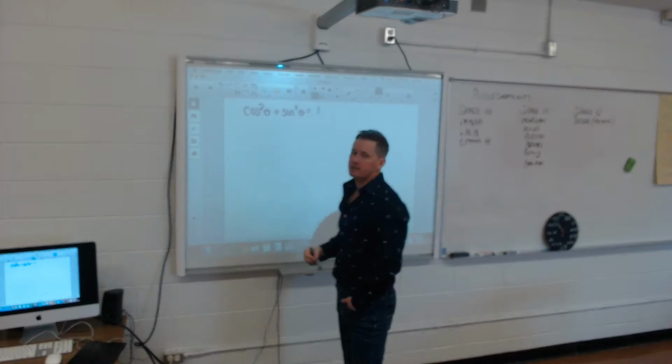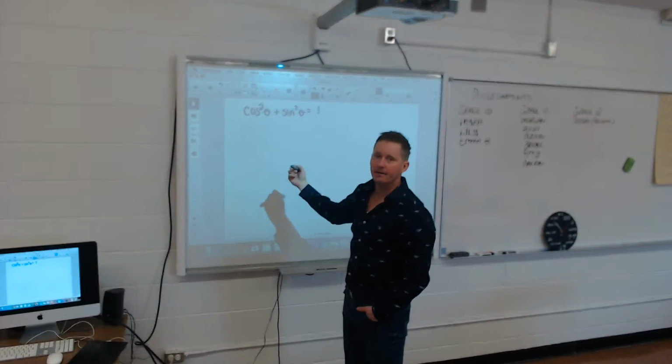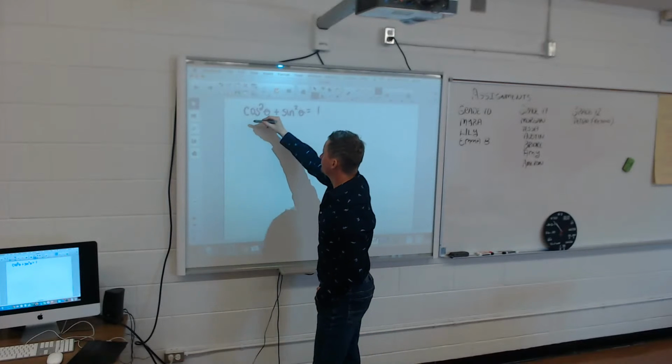And now I'm going to create 2 more identities. The first identity is going to be created by dividing everything by cos squared theta.